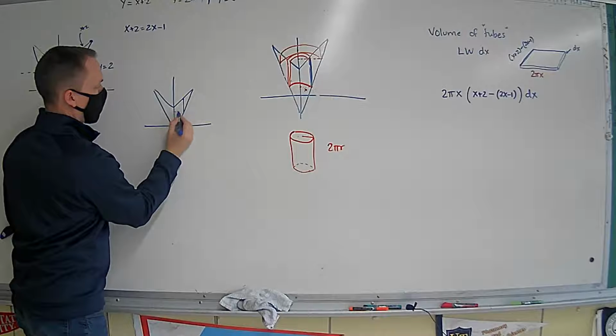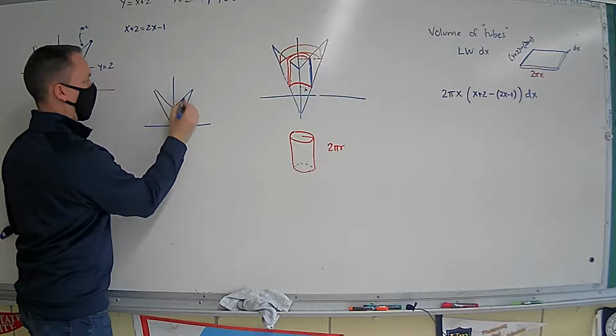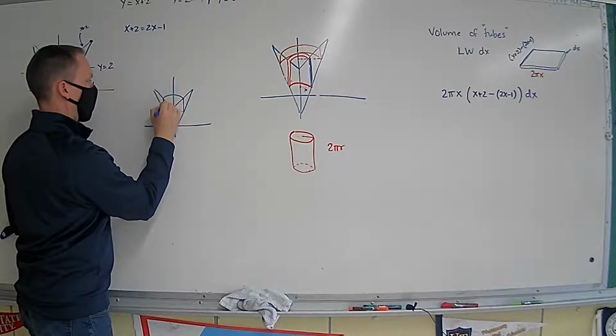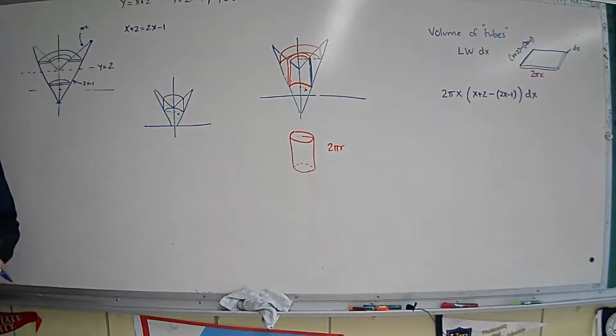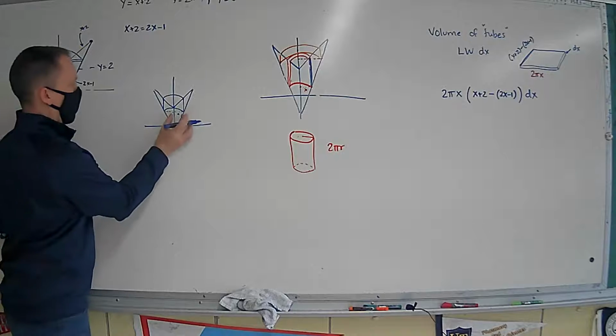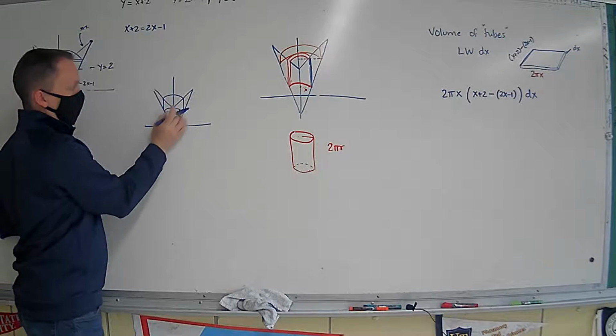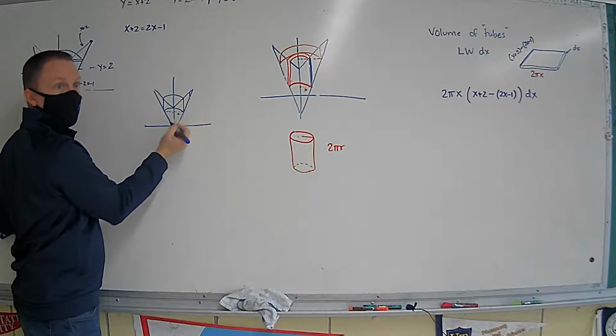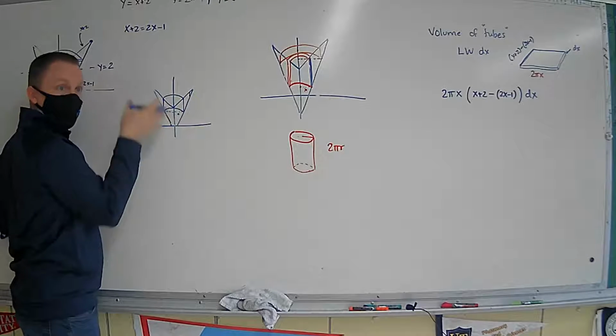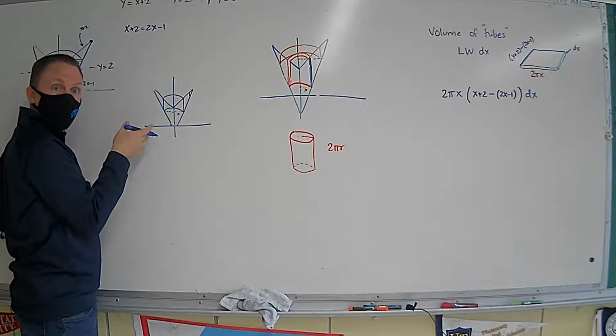The radius of that particular tube, if I draw a tube there, is just, hey, what is that x coordinate there? Okay. And in this particular case, the bigger you make x, the tubes get smaller, right? And the smaller x is, the tubes get taller. Okay.